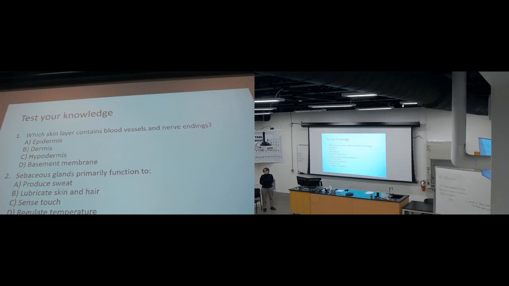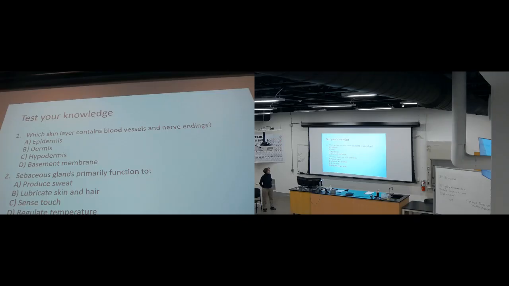Hypodermis is not skin, right? And basement membrane, is it skin? No. So you eliminate the last two. Then you have the first two. Which one has blood vessels and nerve endings? B. So it's not the epidermis. Remember, I keep telling you over and over again, that's an epithelium, so that doesn't have blood vessels.